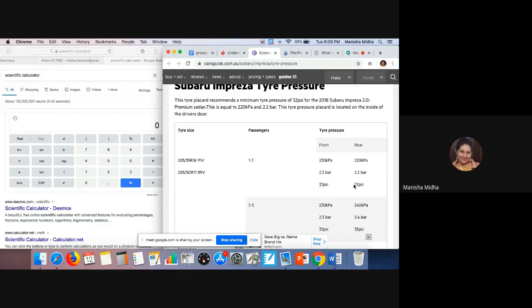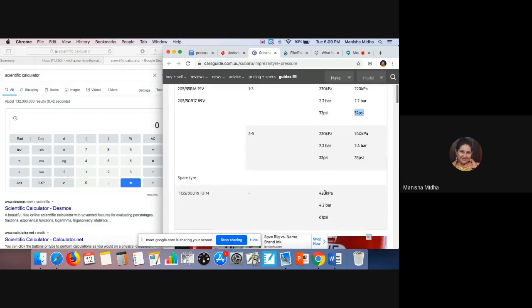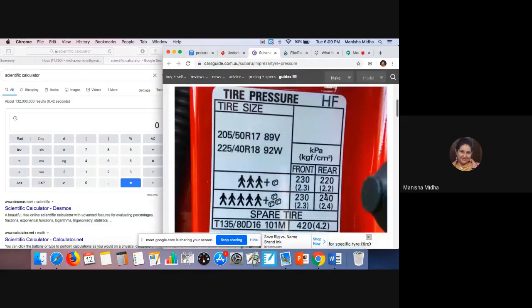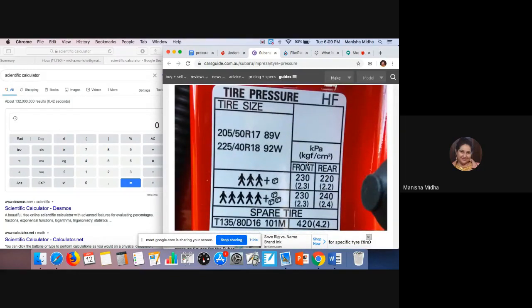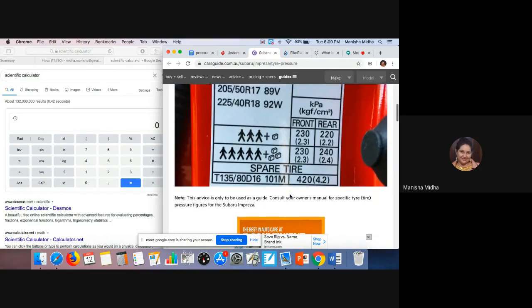The 33, 32 PSI, that's what the machines that are outside that fill the air in your tires use. This unit, PSI. This is a picture taken from the car, and you see they are using kilopascals as one of the units to measure the tire pressure.